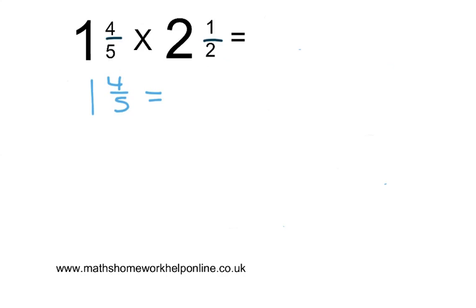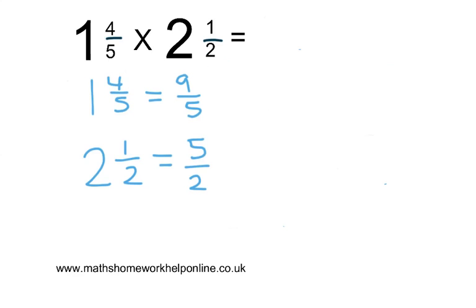How we do this is we do the whole number times the denominator, so 1 times 5, which is 5, plus the top, so plus 4, makes 9 over 5. So 1 4/5 is the same as 9/5. Then we do the same to the other number, 2 1/2. So 2 times 2 is 4, plus the top, so plus 1 is 5. That's the same as 5 over 2.